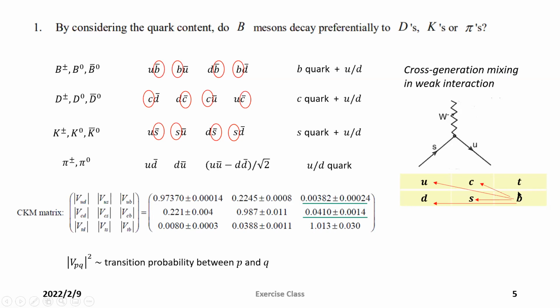Then that means the B quark will have a larger probability to transit to a C quark. And so the answer will be the D meson because they are composed of C quarks. Okay, I think it's clear.